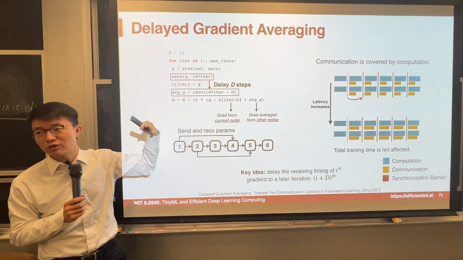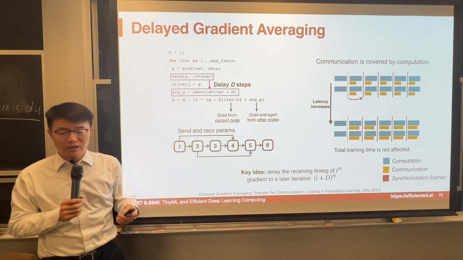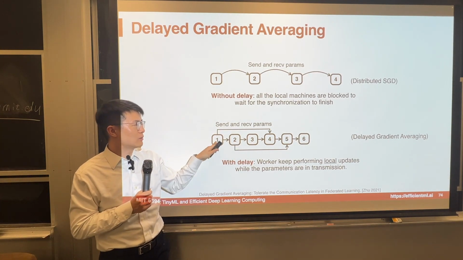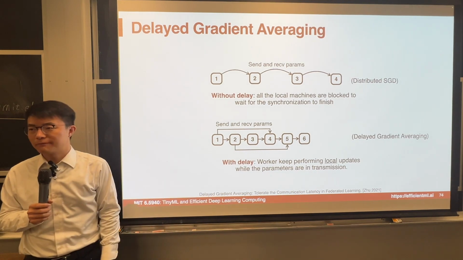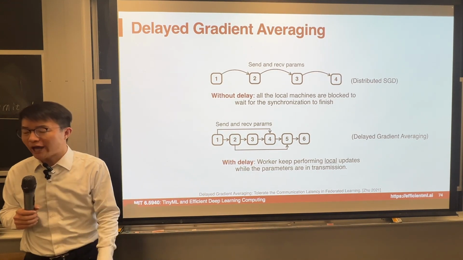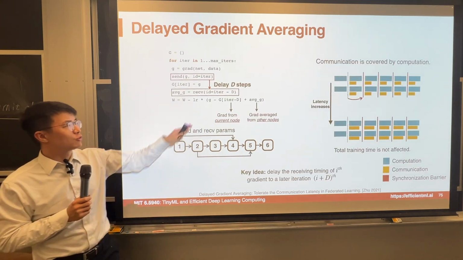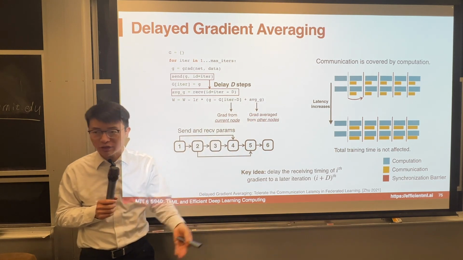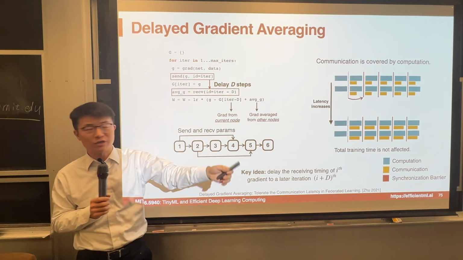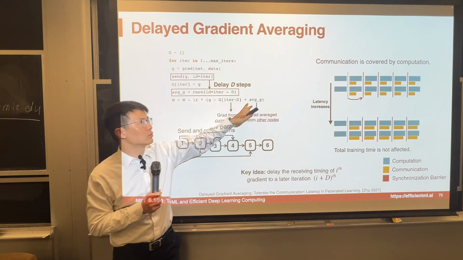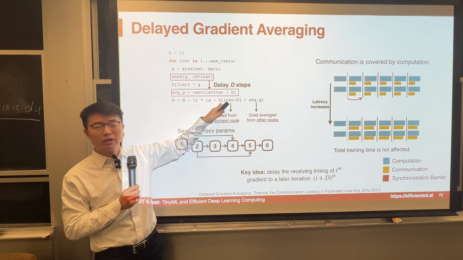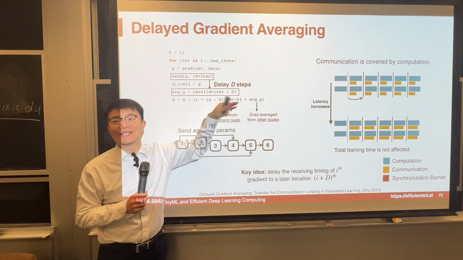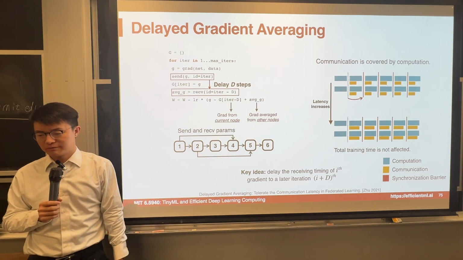We put it in an array to remember, keeping a buffer of several steps. In this example, we have to keep a buffer of steps 1, 2, 3 until we get 4. So we need to maintain a buffer, keeping track of our local gradient. Here we are kicking out our local gradient from D steps ago. We finally receive the average G from other workers coming from D steps ago, and we add it up. So kick out our old gradient and take in the new gradient, the outdated gradient sent from other workers.